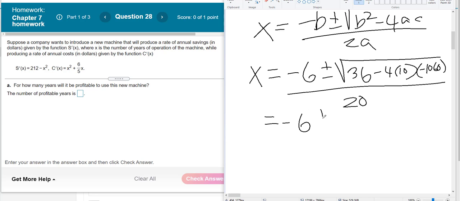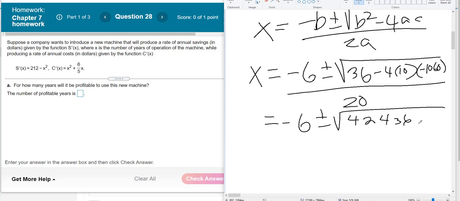So that's negative 6 plus or minus the square root, and I'm just going to type this directly into my calculator as I see it with the parentheses and everything. And I get 42,436. I'm going to double check that.